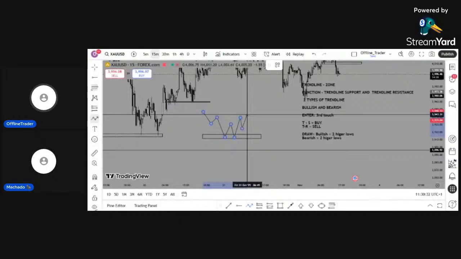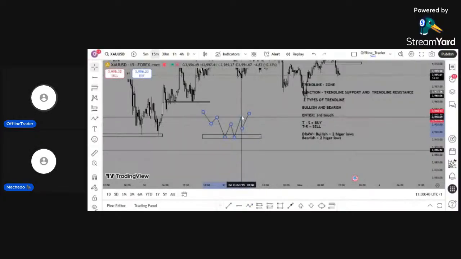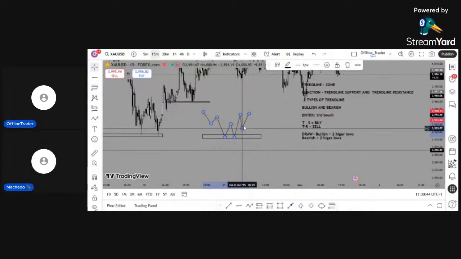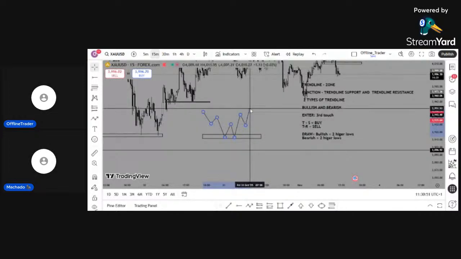Then we say, okay, this is now a bullish trend. We can now start looking for buy opportunities. Hope you get that part.